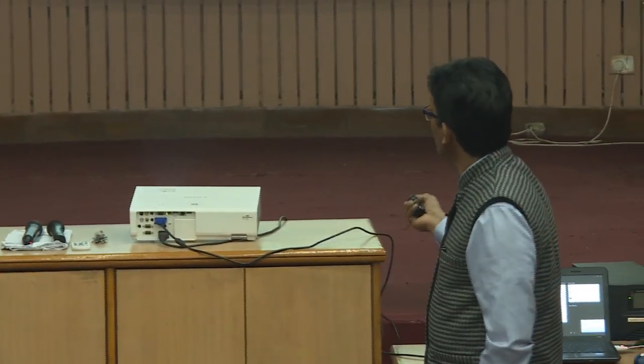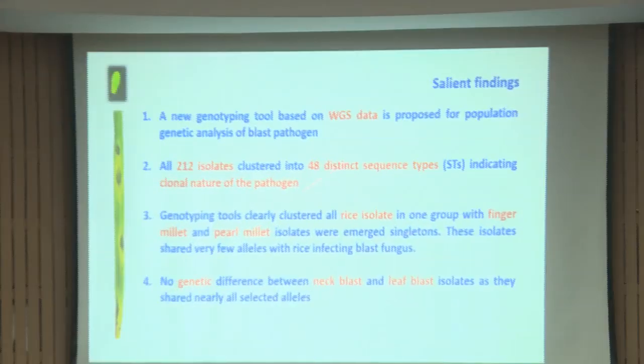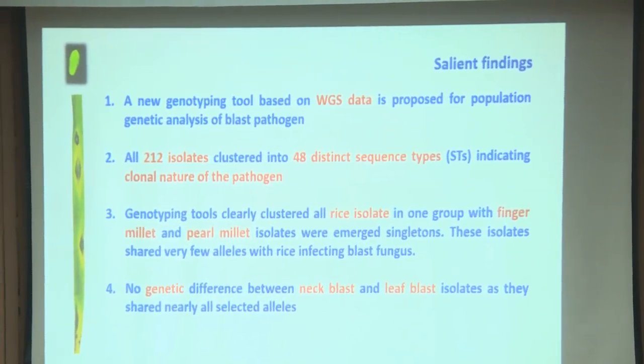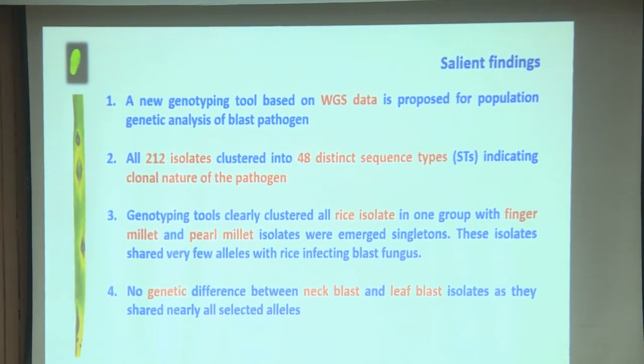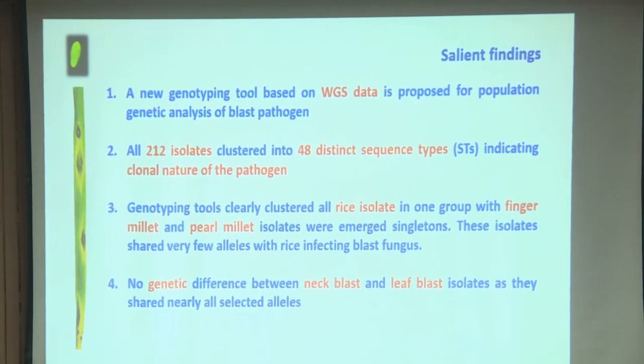This is in continuation of my last week's class. We are trying to develop a new genotyping tool based on whole genome sequence data for population genetic analysis of this blast fungus, and all 212 isolates clustered into 48 distinct sequence types for allelic profiles, which indicates the clonal nature of the pathogen. Again, if all of them are sharing all the alleles, that means the population is not evolving, and there is no variability at all.